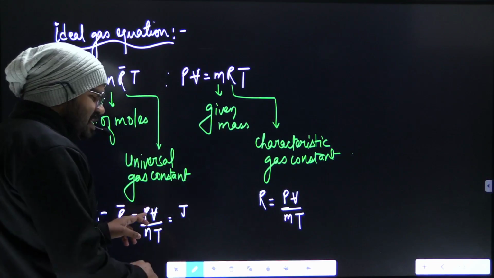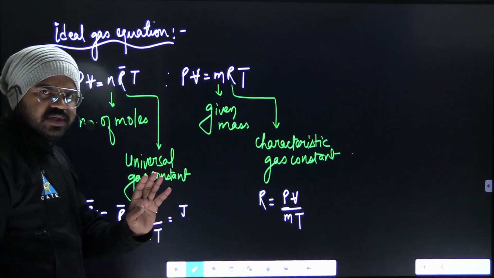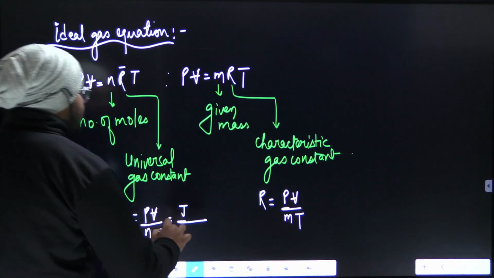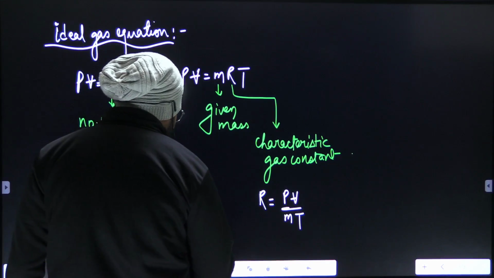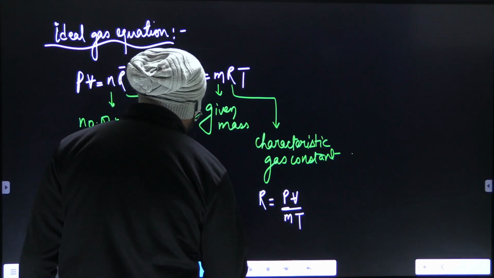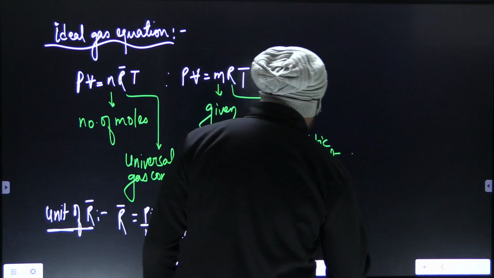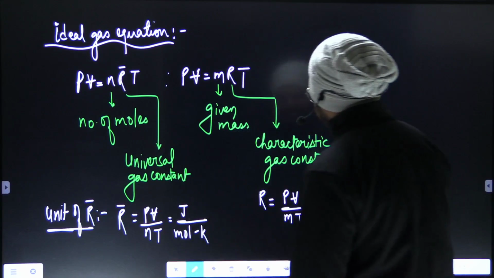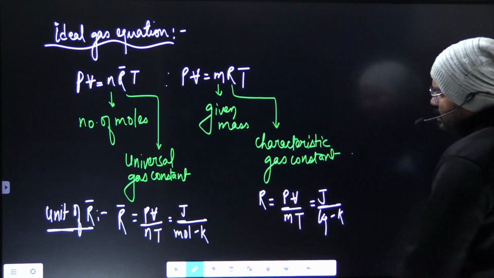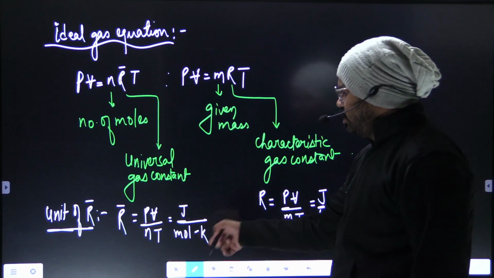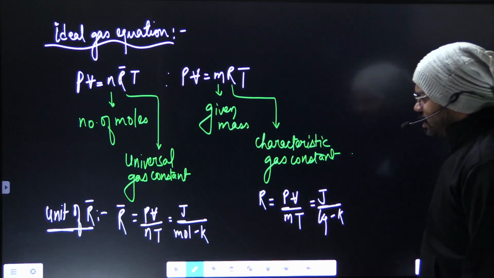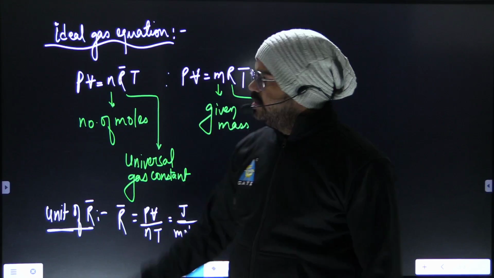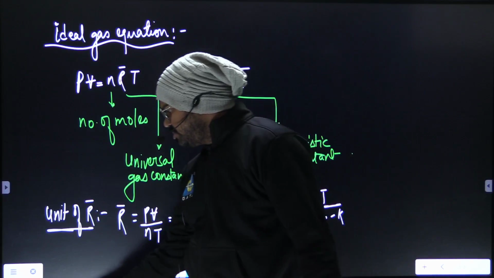If P is in pascal, it will be in joule. Simple. Upon number of moles, it is always expressed in kilomole or mole, and Kelvin. This is expressed in joules per kg Kelvin, or kilojoule per kilomole Kelvin, kilojoule per kilogram Kelvin. Simple. This is how you are going to approach the problems.